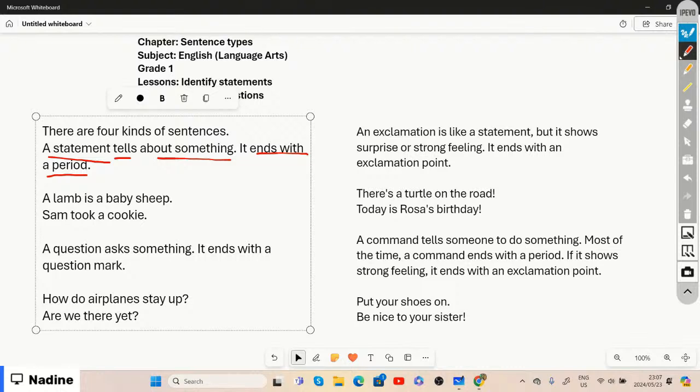All right. And if we look at an example of a statement, an example of a statement says, a lamb is a baby sheep. You see, they are basically just telling you something, telling you anything.